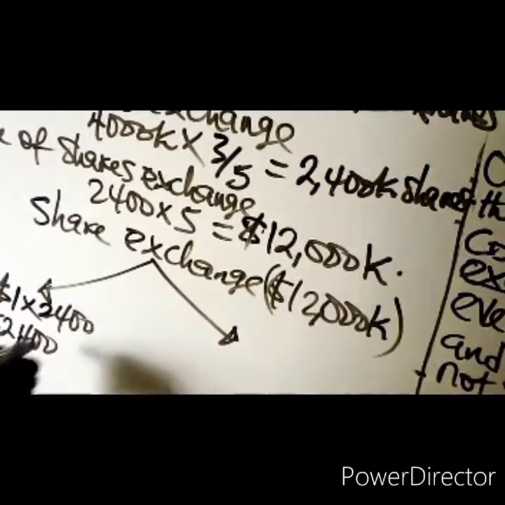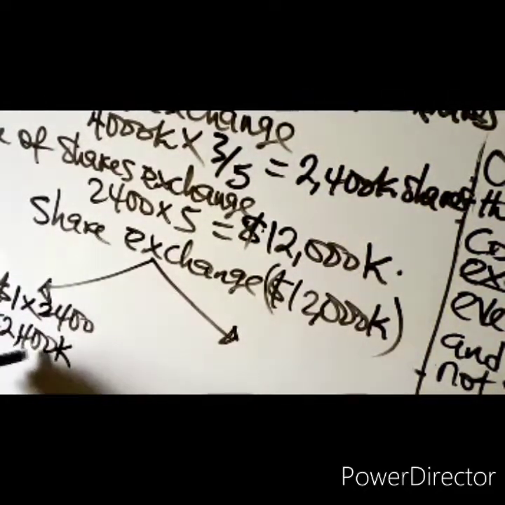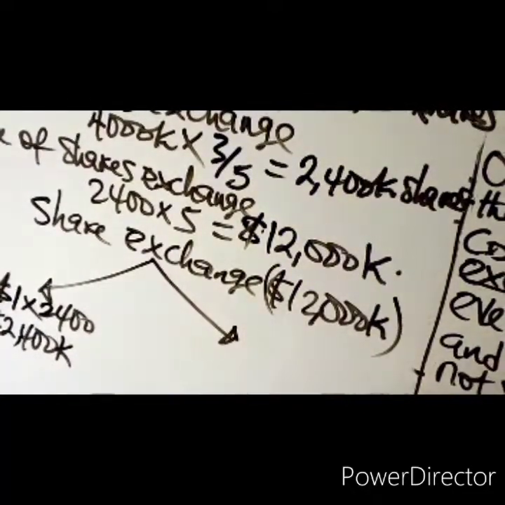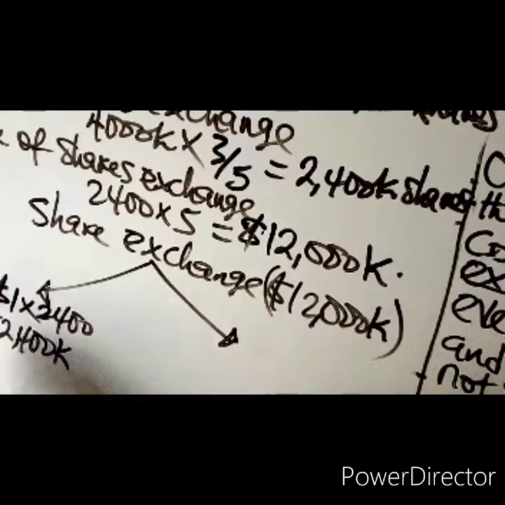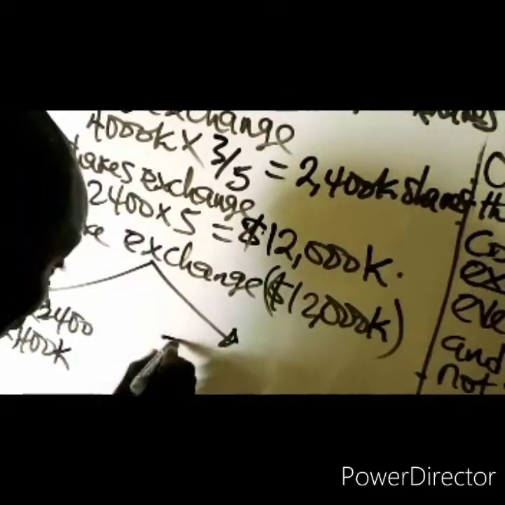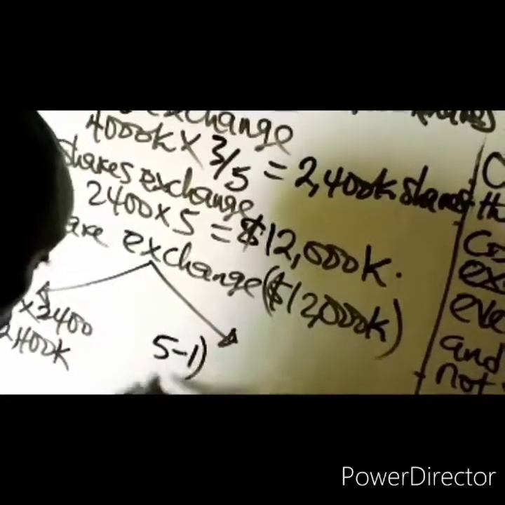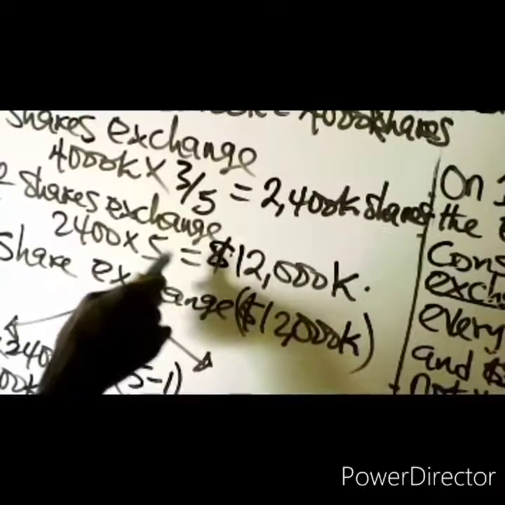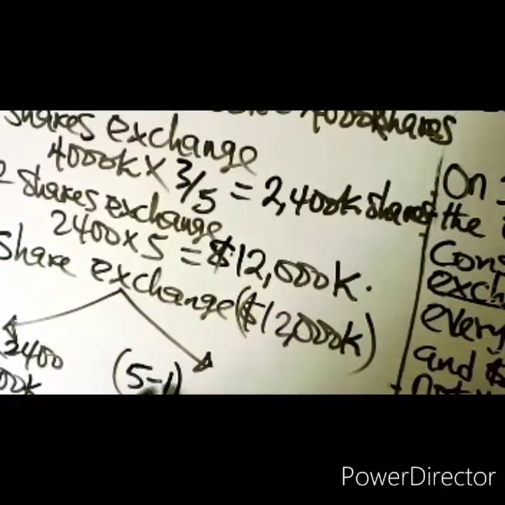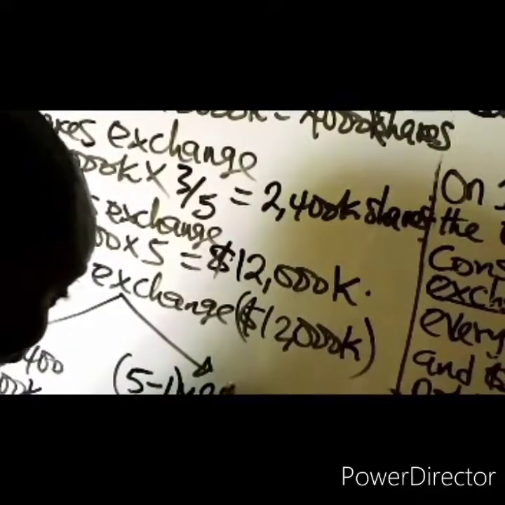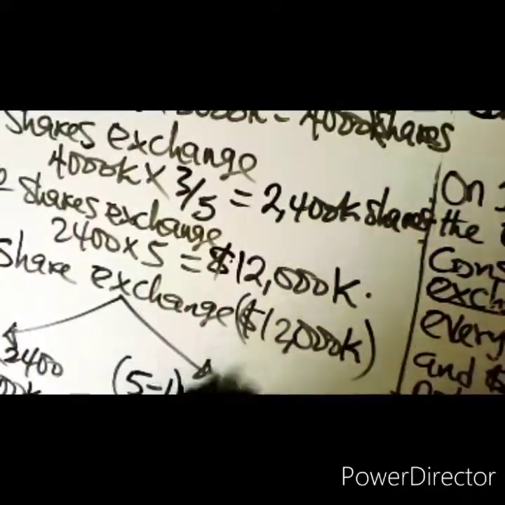This $2.4 million will be added to the share capital of the parent company for the purpose of consolidation. What is the difference between the market value, which is $5, and the par value of $1? The difference is $4, multiplied by the number of shares acquired in exchange, which is 2.4 million shares.